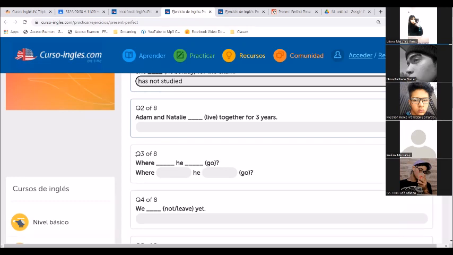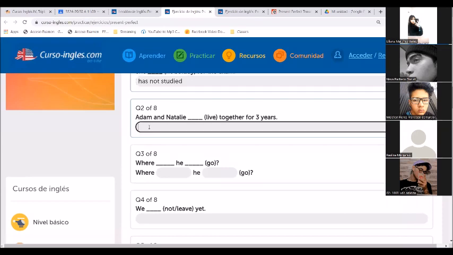Adam and Natalie have lived together for 3 years. All right, be careful with your pronunciation. Have, correct. Lived. Live is when something is happening in the moment. Have lived. Repeat. Adam and Natalie have lived together for 3 years. Perfect. Paulina, number 3.